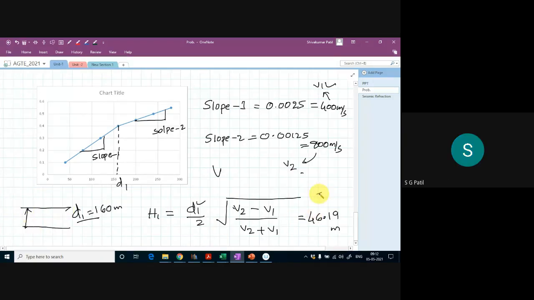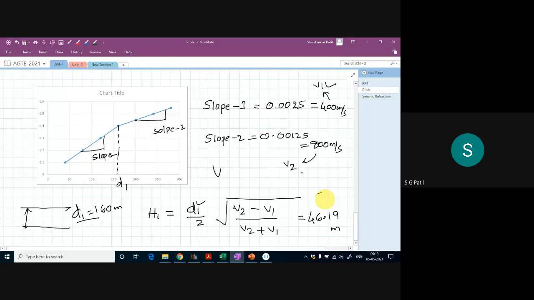Let me calculate anyway. So square root of (V2 minus V1) divided by (V2 plus V1): V2 is 800 minus 400, divided by 800 plus 400.